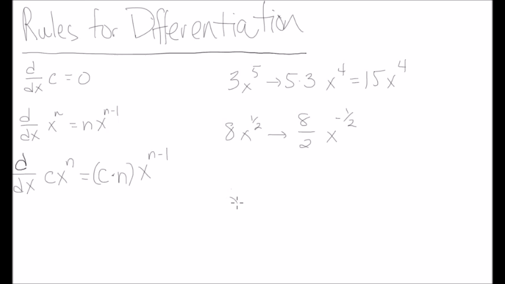If you have negative 3 over 4 times x to the negative 3, the 1/4 stays there, so you have negative 3 divided by 4 times x to the negative 4th power. There we've subtracted 1 from the negative 3, and so forth. So you basically just treat constants in front of the powers. If they're being multiplied by x raised to a power, the constant just stays there throughout the differentiation.